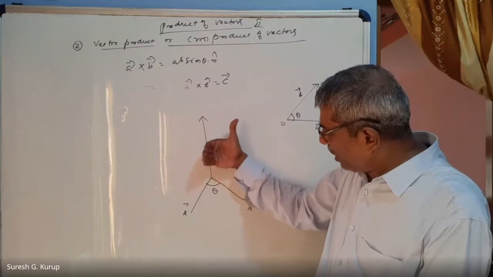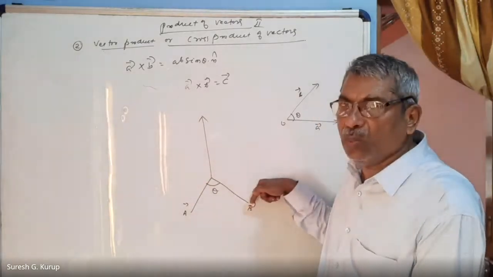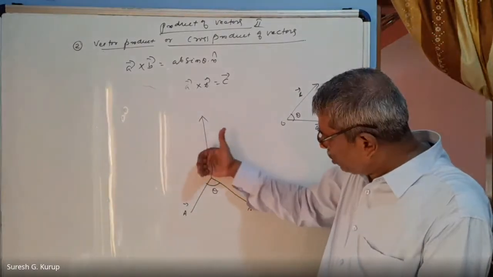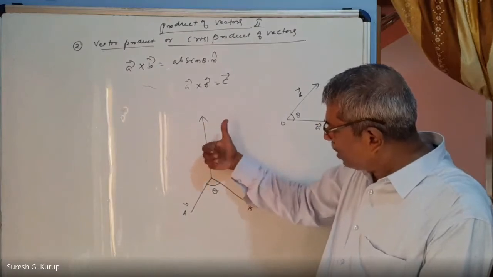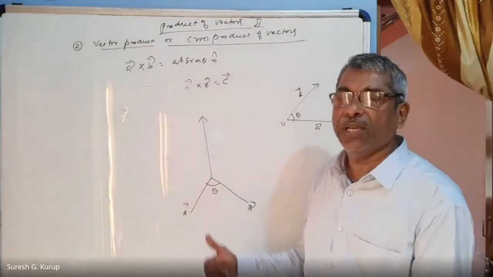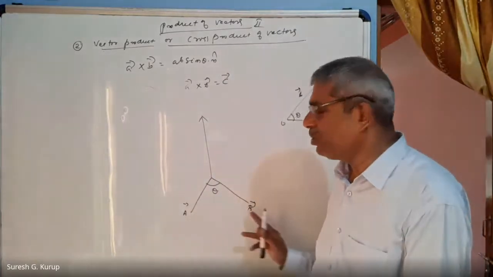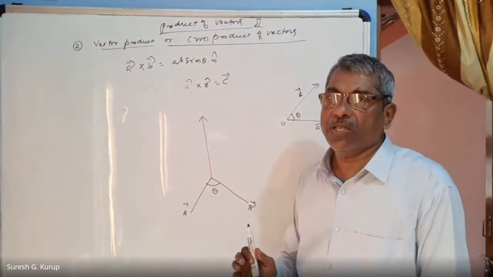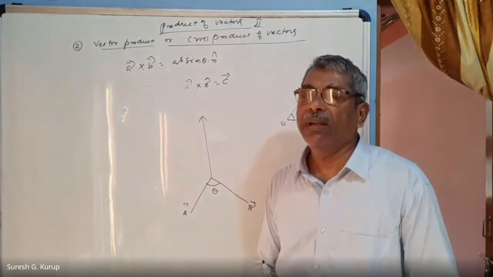When you curl it, A is turned towards B, you must imagine that. Then the thumb will show you the direction of the resultant product of these two vectors. This is called the right hand thumb rule.